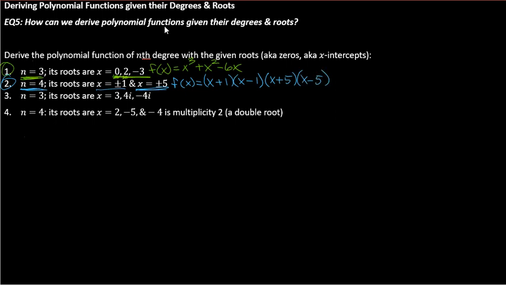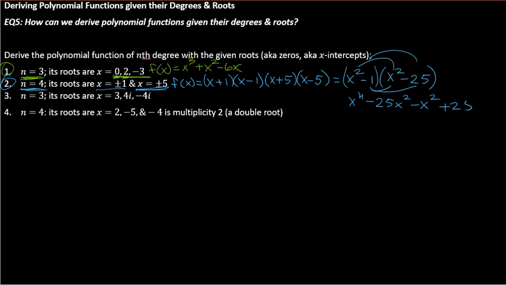Okay, and I'm going to take a little shortcut here. These two are both expressible as differences of squares. So that's just going to be x squared minus 1 times x squared minus 25. Okay, and then I'm just going to FOIL there. X to the 4th minus 25x squared and minus x squared and plus 25.